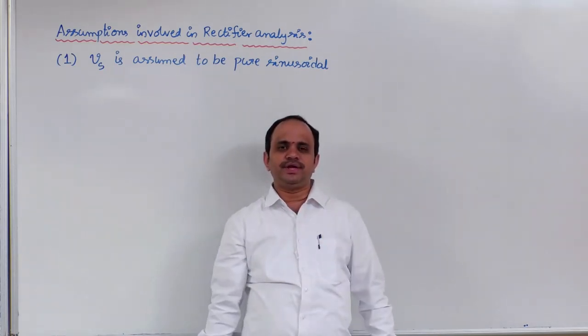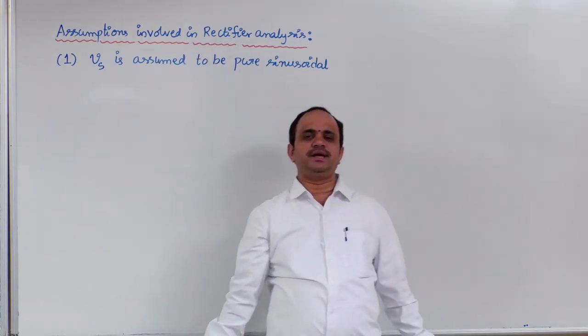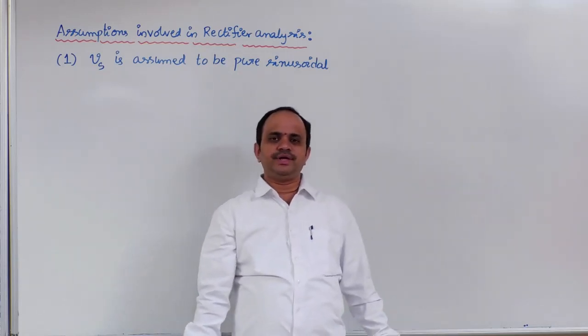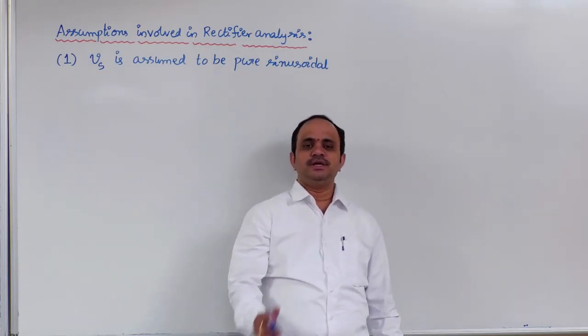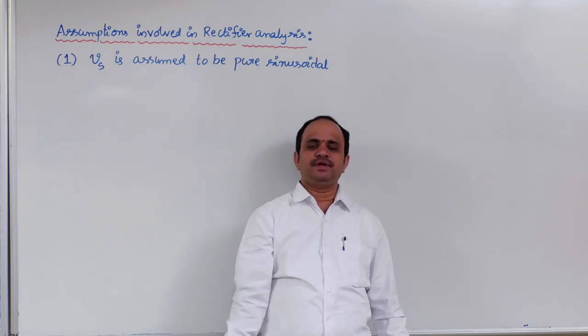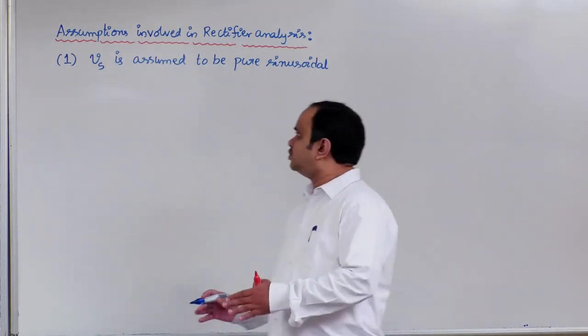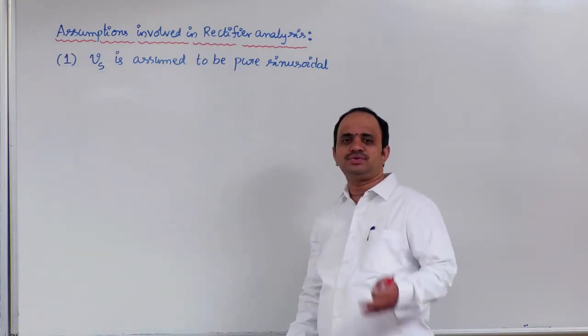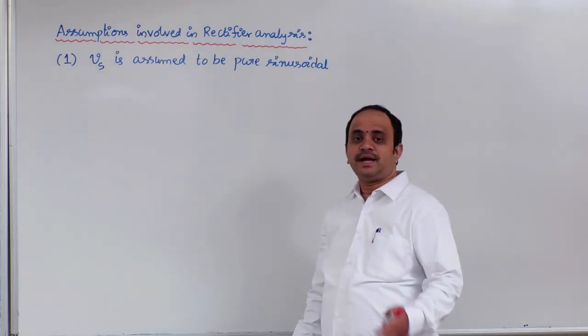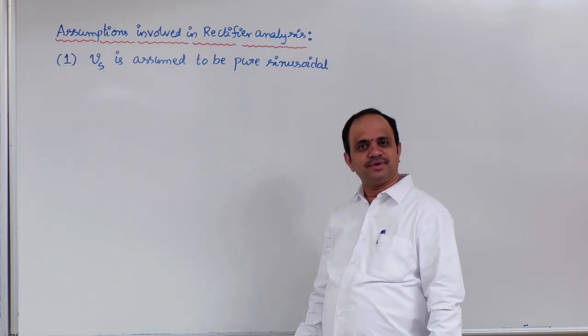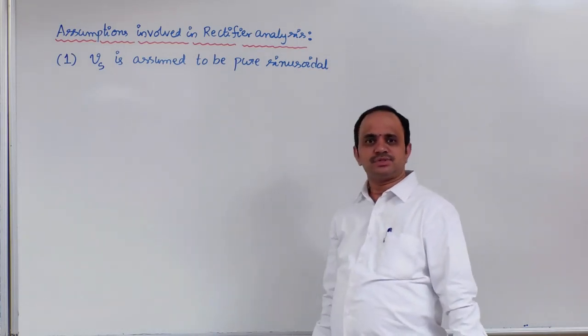The positive half cycle duration is, for example, 10 millisecond, and the negative half cycle duration is also 10 millisecond, so that our Indian grid frequency will be 50 hertz. In order to analyze any circuit, you should have some base. That base for rectifier analysis will be a sinusoidal source.